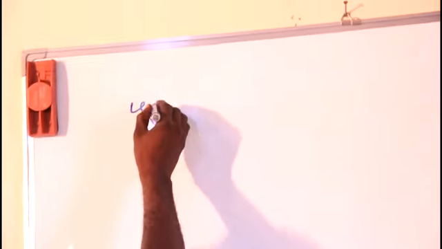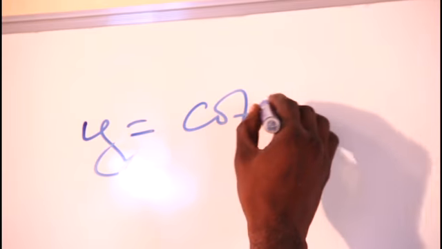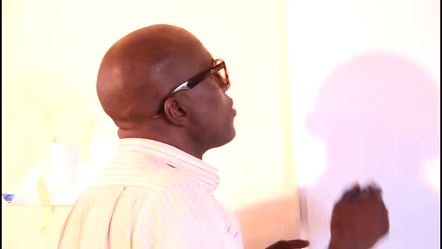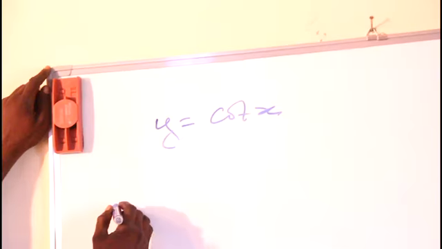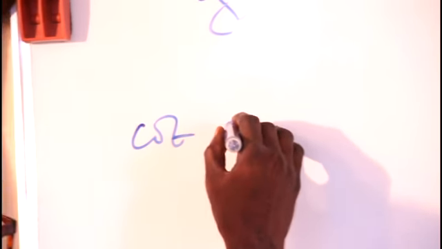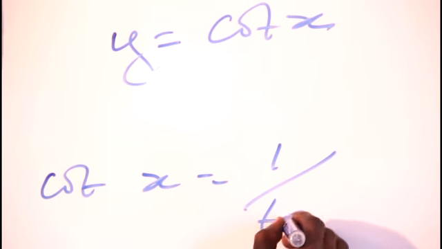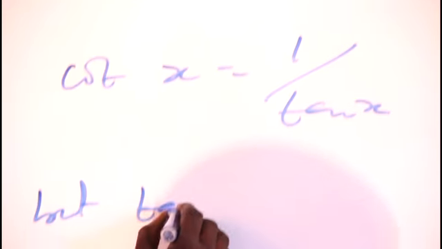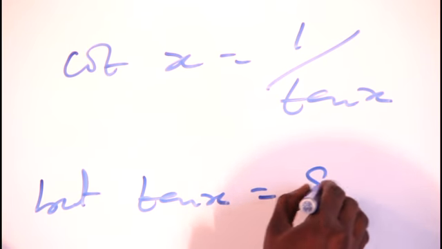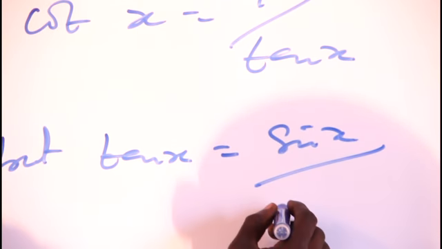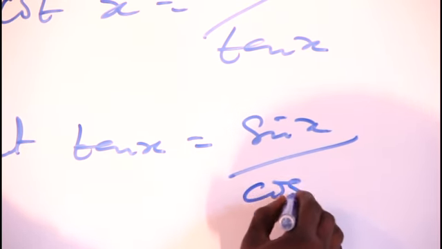Suppose we are given y equal to cot x, and we are asked to find the derivative of cot x. Now, we know that cot x is simply 1 over tan x. But tan x is simply sine x over cos x.